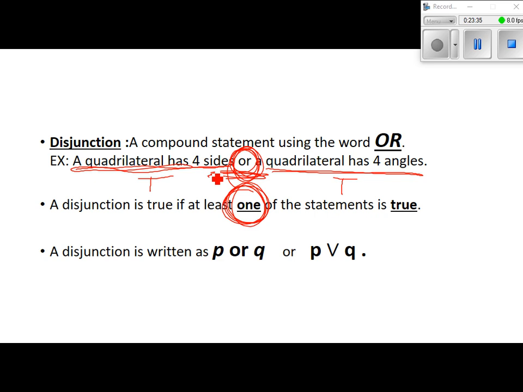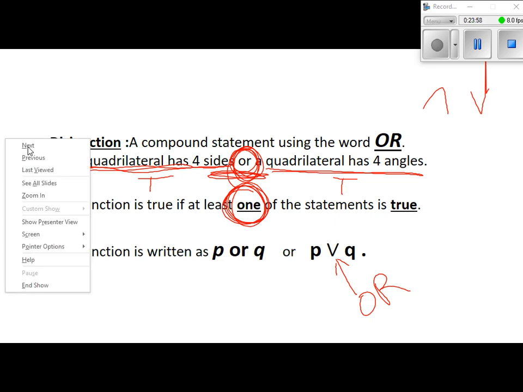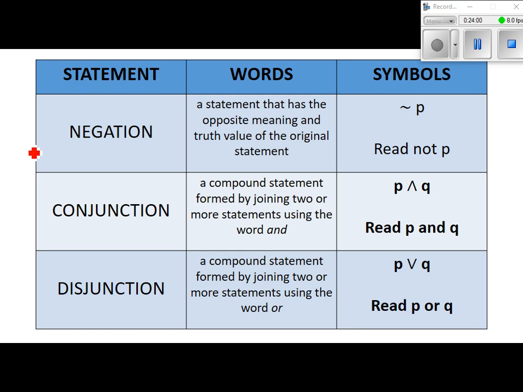All right, so with a disjunction, only one part has to be true. The actual V-looking symbol means or. So upside down V is and, right side up V is or. This is just a chart that I put in there to help you out.